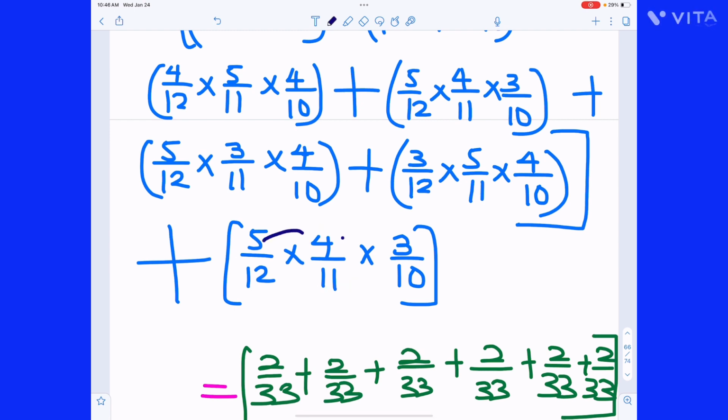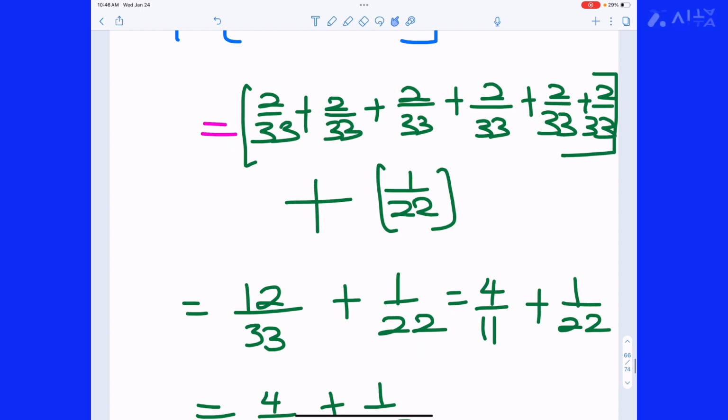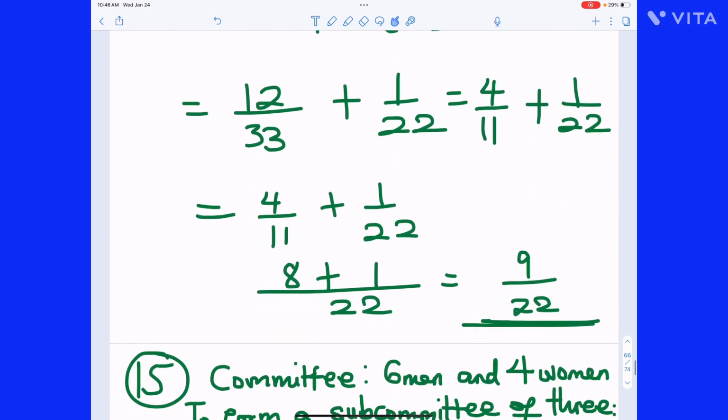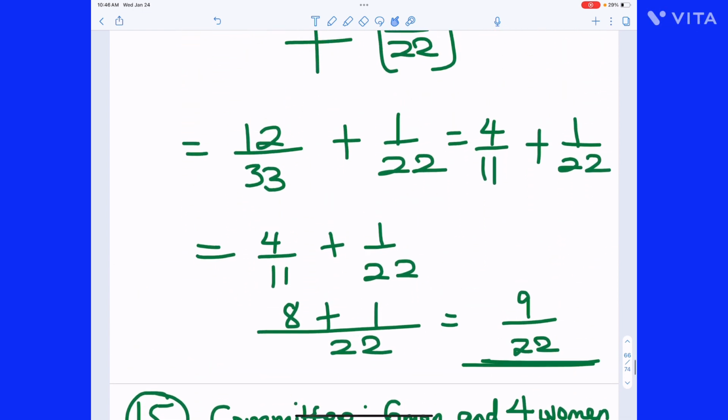The number of reds reduces to 4. The number of balls altogether reduces to 11. So the probability that the second ball is a red is 4/11. And the probability that the third ball is also a red will now be 3/10, since there's no replacement. Is that clear? So take note. So you find the answer for each bracket, you add, you get 9/22.